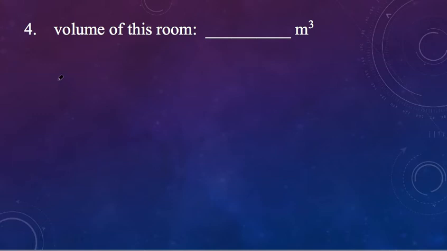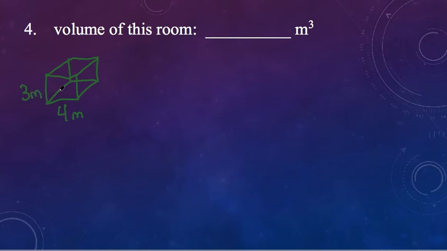The volume of this room. The room is a rectangular prism, so if I draw that out here, and the room I'm in right now, which may be different than yours, is about 4 meters wide, about 3 meters high.